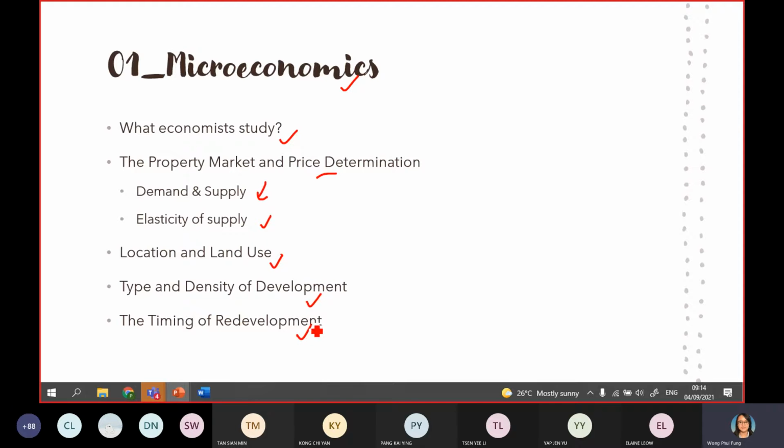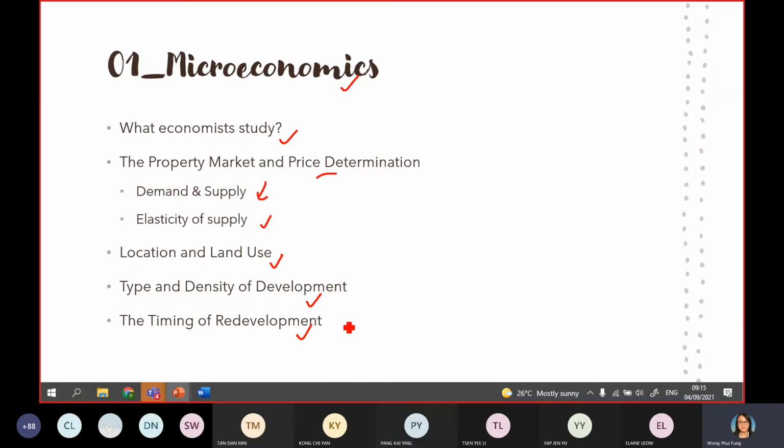Okay. And last but not least, we actually learn about the timing of redevelopment. Land is very expensive. The land value will always appreciate as time goes along, but the building value will depreciate. The depreciation of a building is even faster if you don't maintain the building. And site value will increase faster when there is an infrastructure improvement.